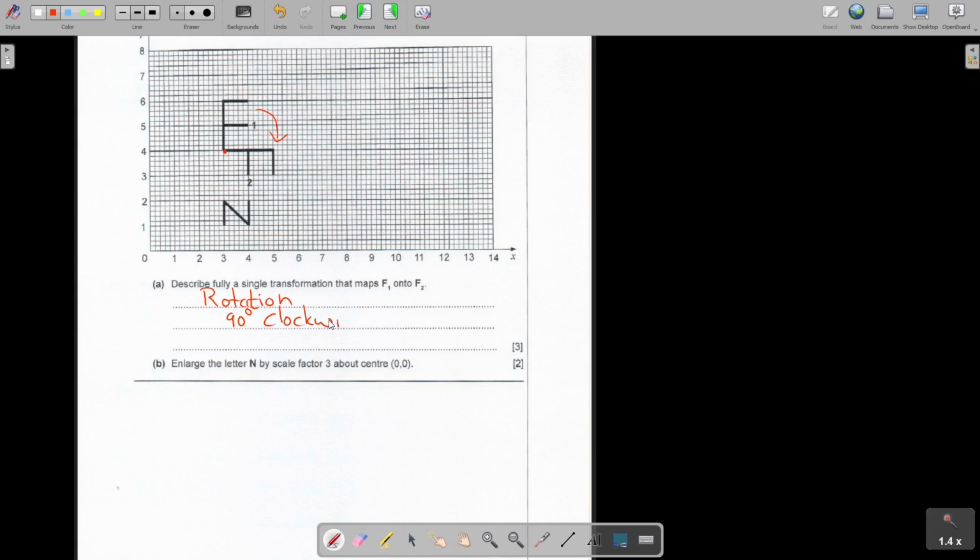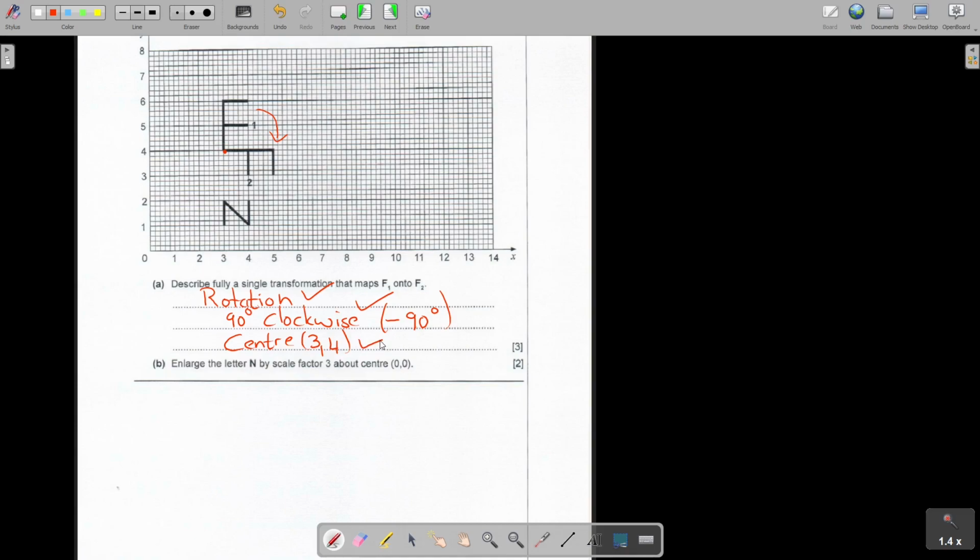You can write it like that, it doesn't matter, then you don't make sign mistakes. If somebody says anti-clockwise, then they must say negative 90 degrees. And then center. And what is the center? 3, 4. So you will get 1 mark for rotation, 1 for the degrees clockwise, and 1 for the center.